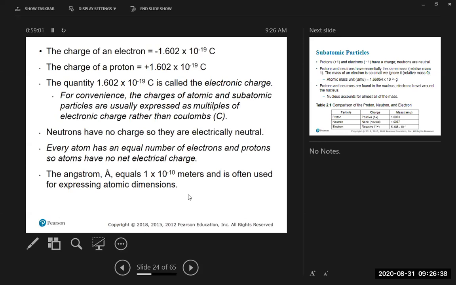Just to repeat that again, the electrons and protons are equal so that you have a net 0 charge for the atom. And as I said before, an angstrom is 10 to the minus 10th meters, and that's really how people talk about dimensions of this stuff. It's always angstroms.